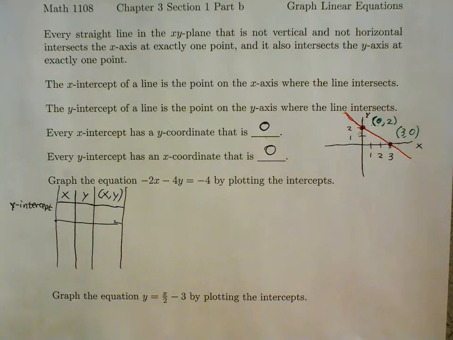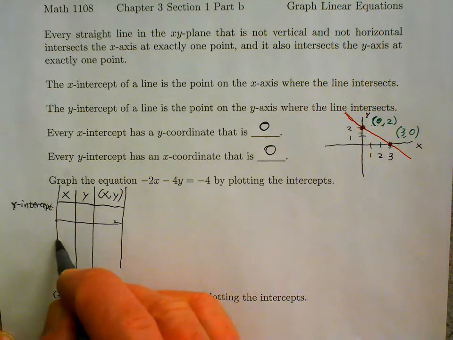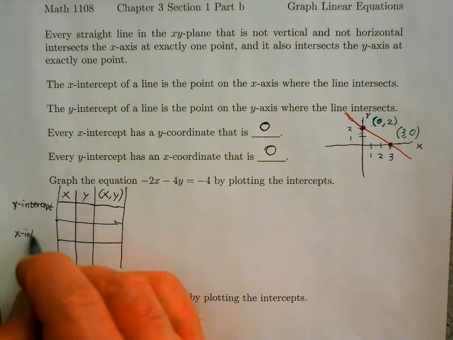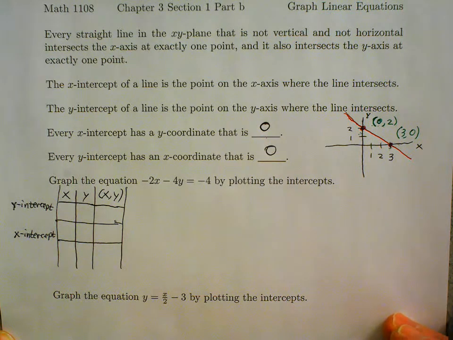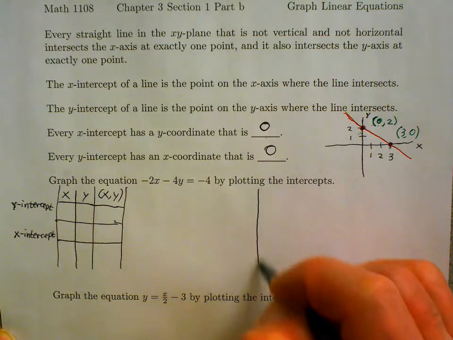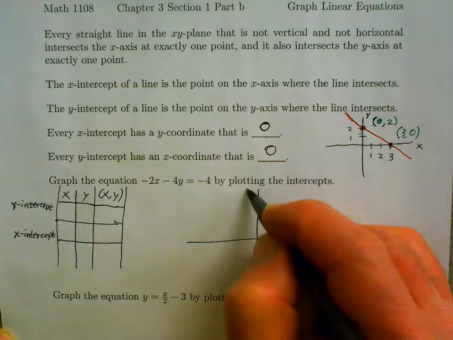I'll give you 10 seconds to figure that out. You can type the ordered pair in on YouTube if you find the y-intercept. And then find the x-intercept. And once you know the x-intercept and the y-intercept, then you can plot them in the xy plane and draw a straight line through them.